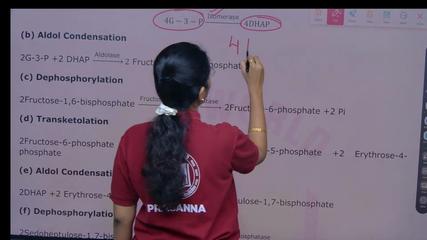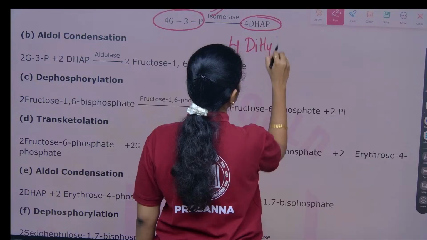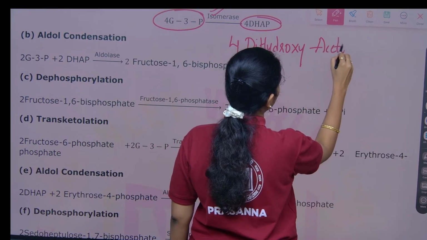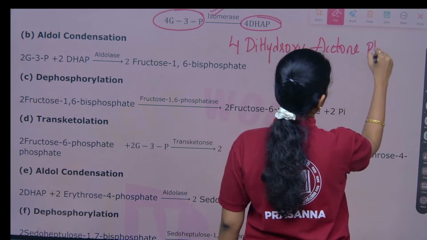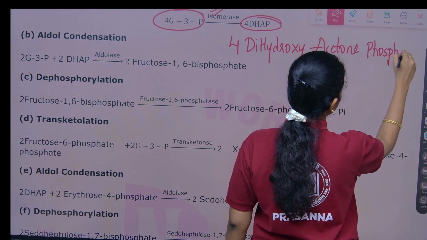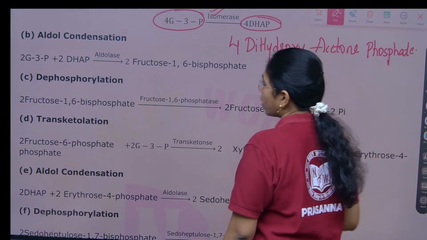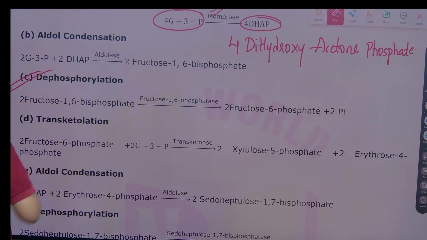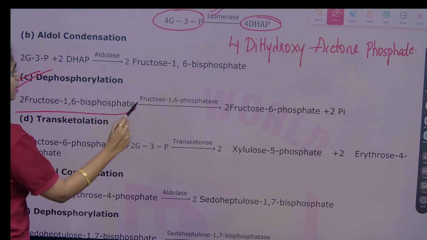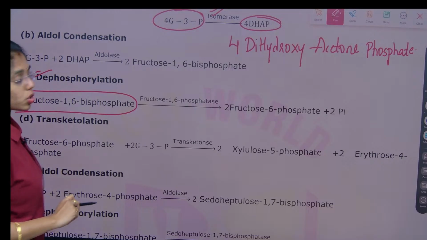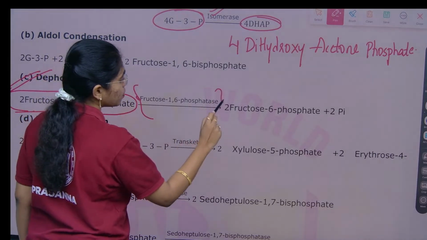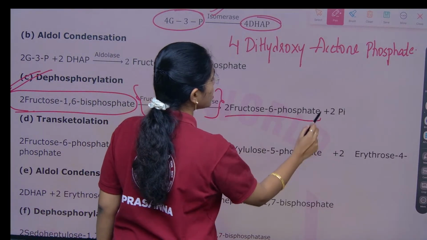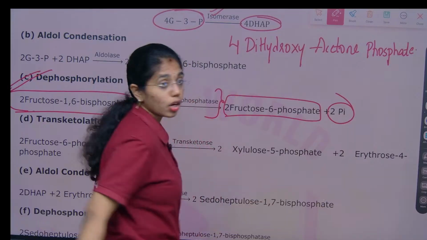Okay, next is dephosphorylation, that is 2 fructose 1,6-bisphosphate in the presence of the enzyme fructose 1,6-bisphosphatase. This forms 2 fructose 6-phosphate and 2 inorganic phosphate.